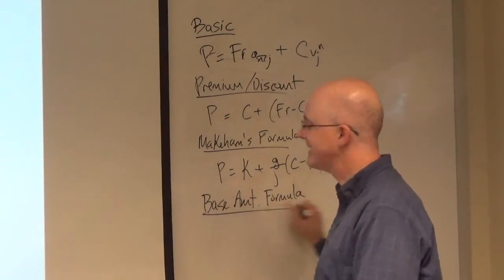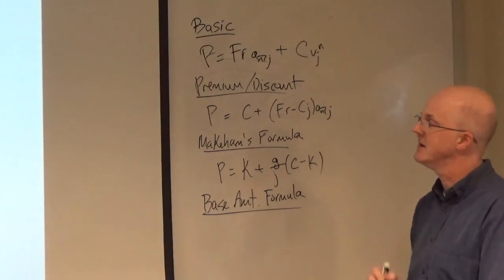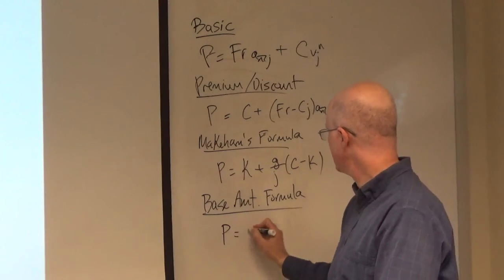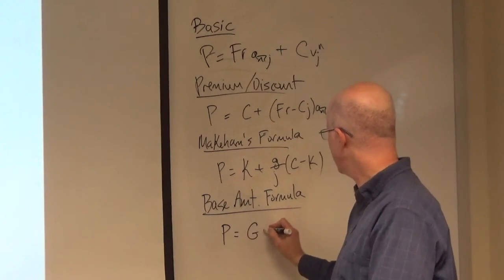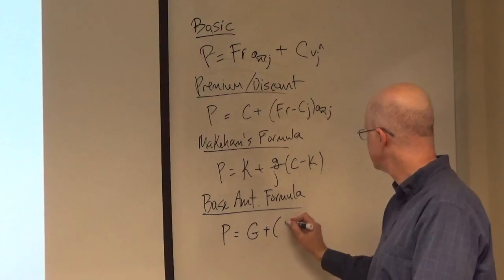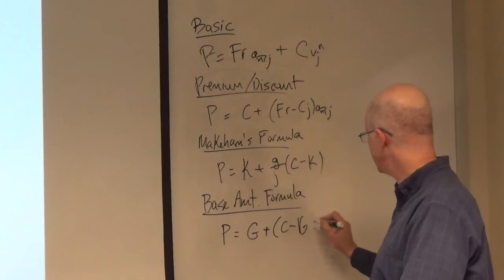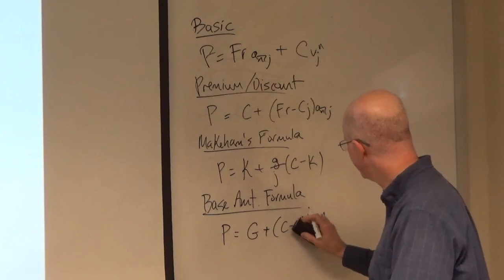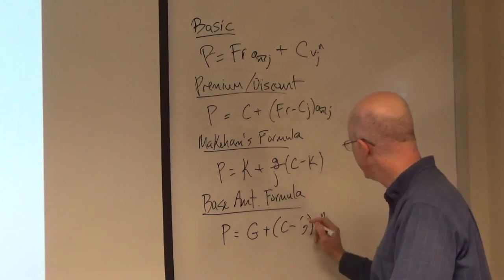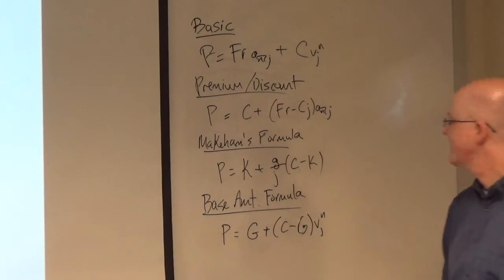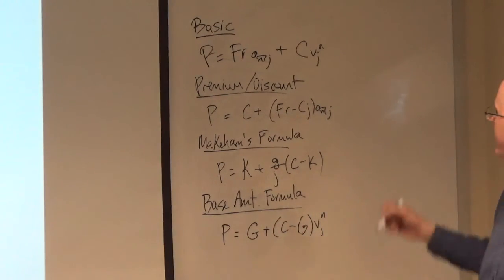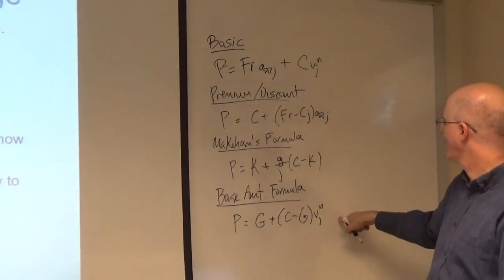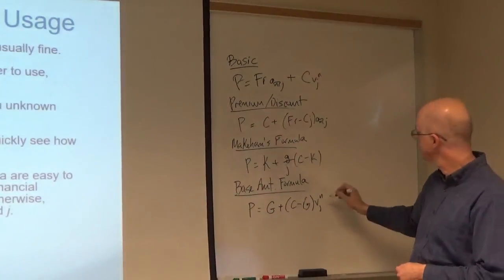This will be handy here in a few minutes as well when we use a spreadsheet, get more practice with the spreadsheet here. P equals G plus C minus G times V J to the N. Makeham's formula and the base amount formula are relatively easy to solve for the yield rate.